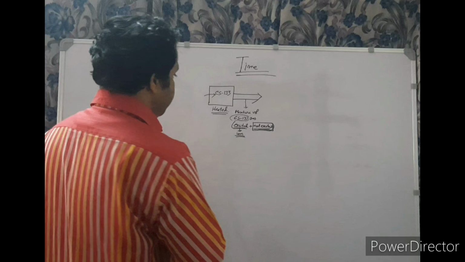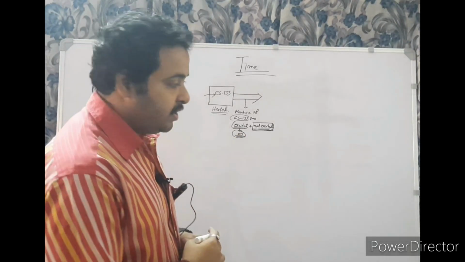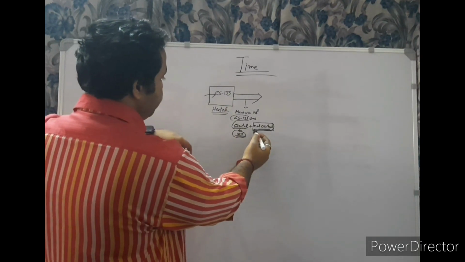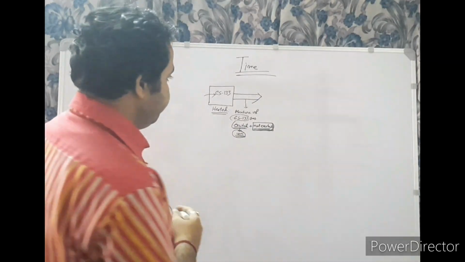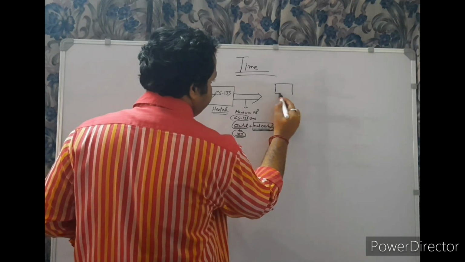How? The cesium ions show magnetic property. So we have to separate these cesium ions from those cesium-133 atoms which are not excited. For that we use a magnet here.